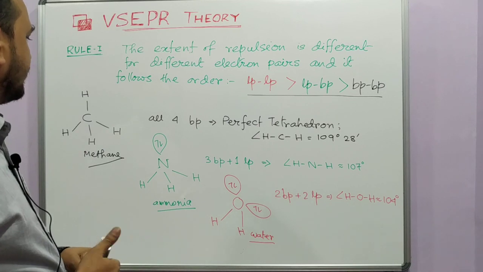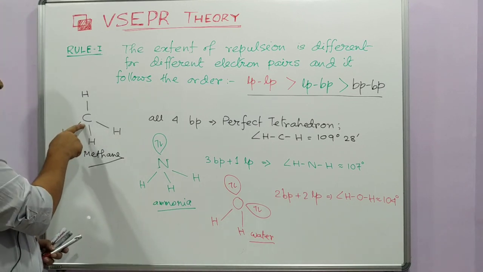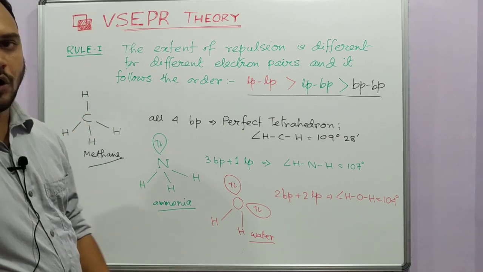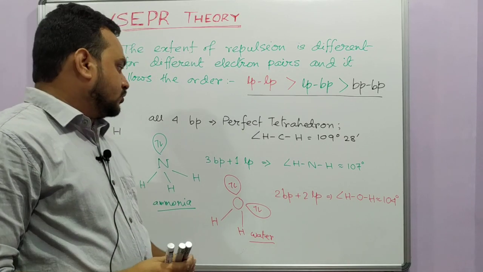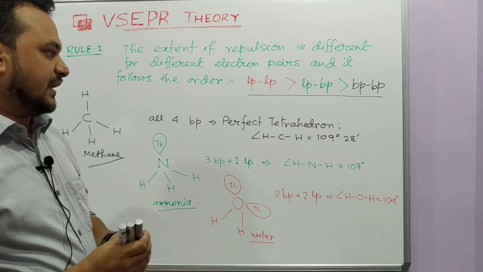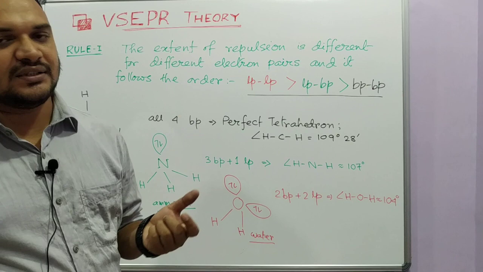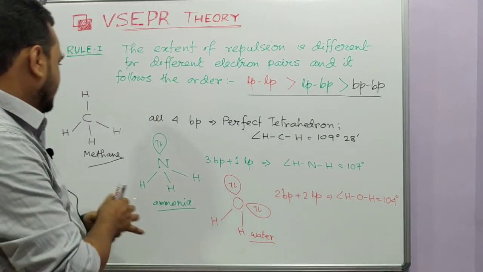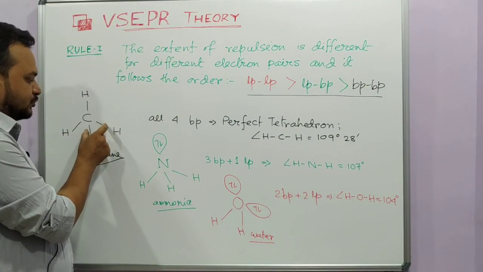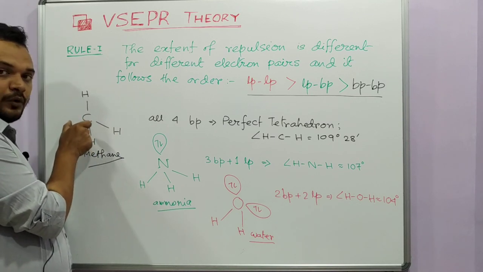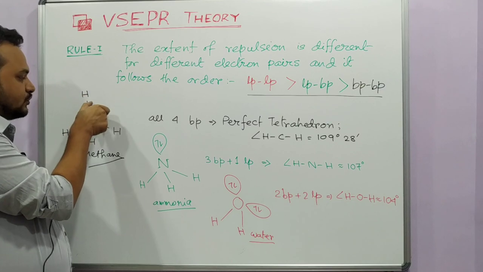Now in the methane molecule, you can see for the central atom in its valence shell all four are bond pairs. So when all are bond pairs, the extent of repulsion for each of the pairs is exactly equal. That is, the repulsion between these two bond pairs is equal to the repulsion between these two bond pairs, similarly for these two.